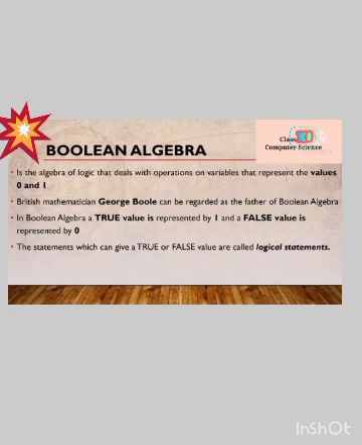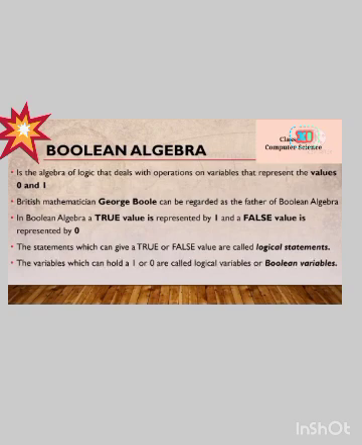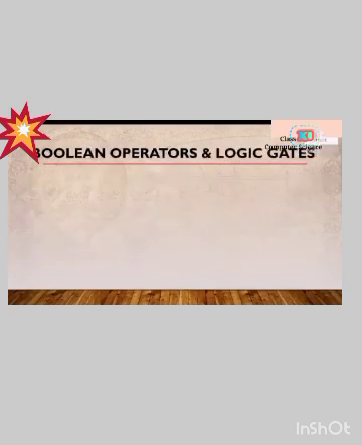Statements which can give a true or false value are called logical statements. The variables which can hold the value 1 or 0 are called logical variables or Boolean variables.